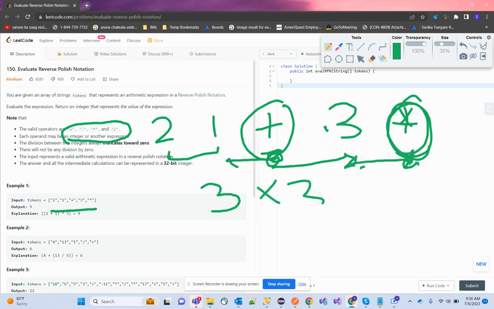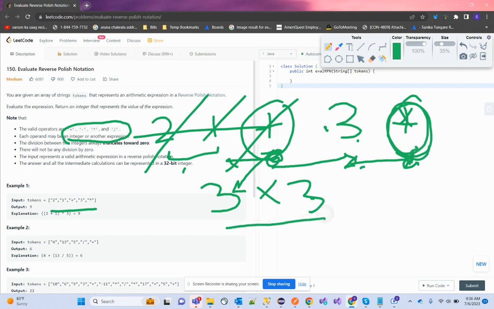So 3 into 3, because the addition gave us this 3, and we multiply it with the pending 3 and get 9. So the answer is 9.